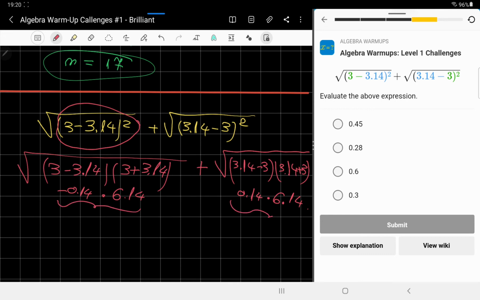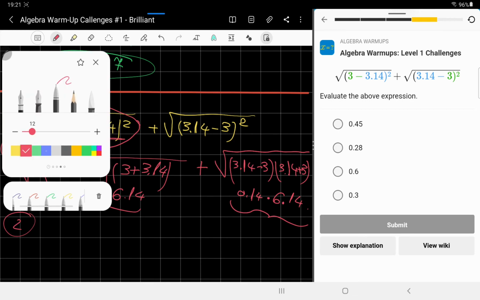Obviously, this is probably not the best way to do it because this is still under the square, and we'd actually have to multiply these. So we could try a different approach. This was approach number 1, and approach number 2 would be to apply the rule that the square root of something to the power of 2 is that something. So in this case would be 3 minus 3.14 plus, let's change the color here.